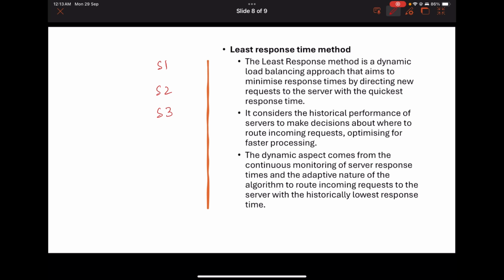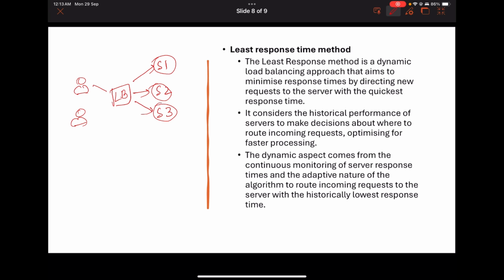In this case, for incoming requests, our load balancer will always keep track of the response time of each of these servers. Maybe we can use the average of the time that they take for a request, and then calculate the response time of these three servers.